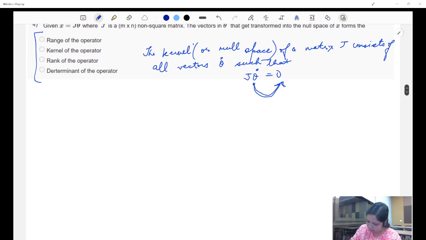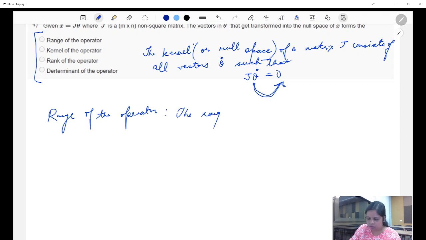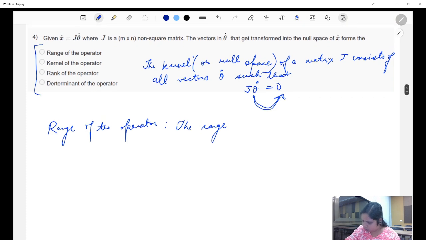So I'll get clear with what is range of the operator. This is your range of J. It basically consists of all possible output. What is our output? It is X dot, right?